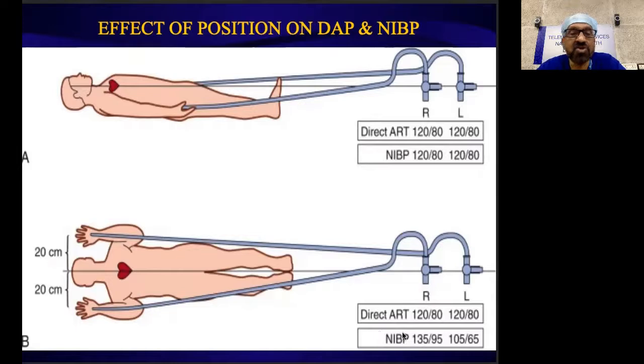That is amply shown in this picture. However, the direct blood pressure monitoring, because the transducer is level to the heart, will show similar readings irrespective of the presence of the cannula in the right or left radial artery of the patient.